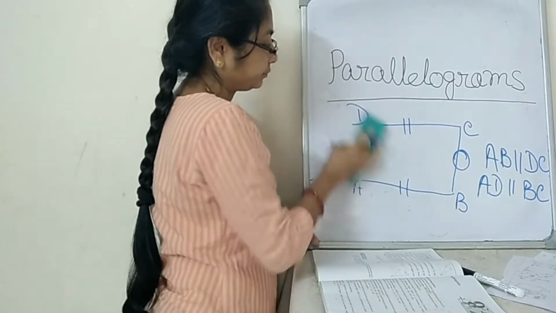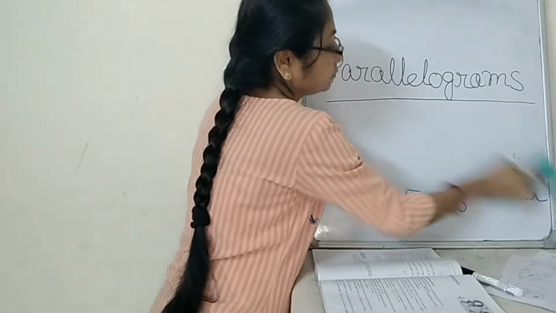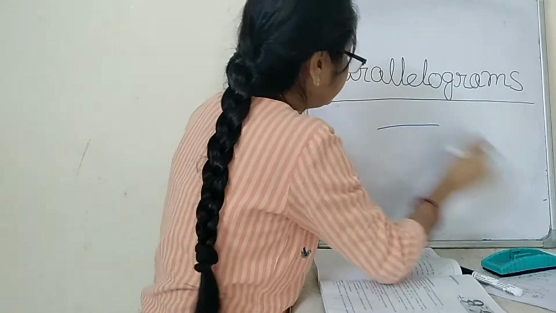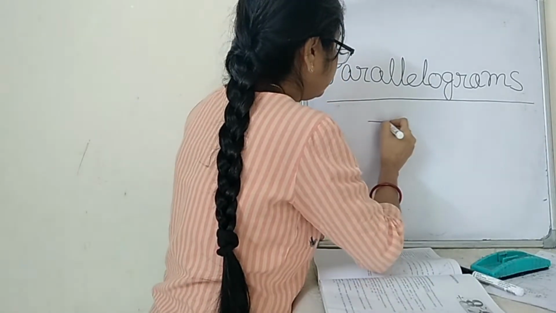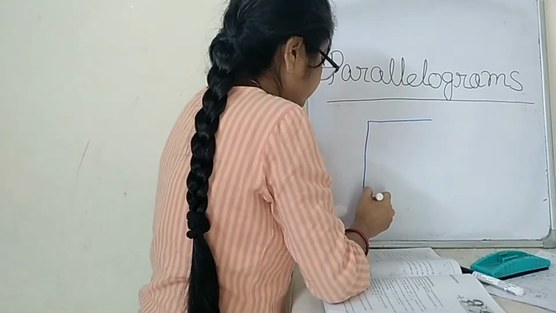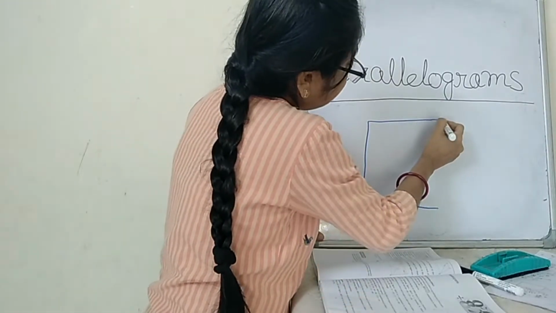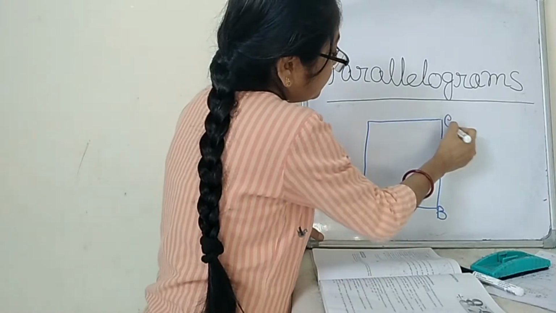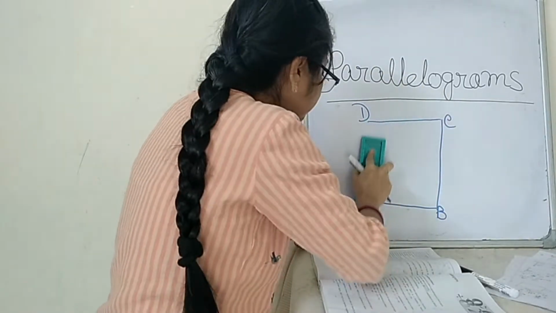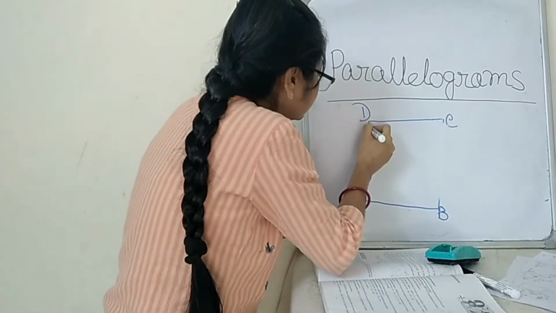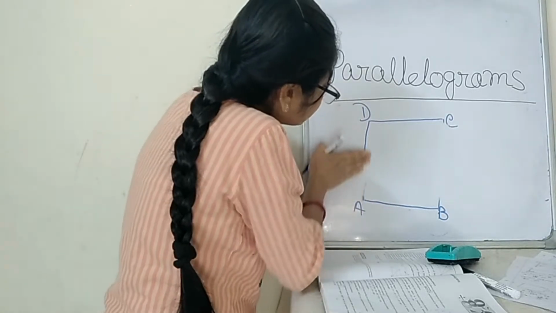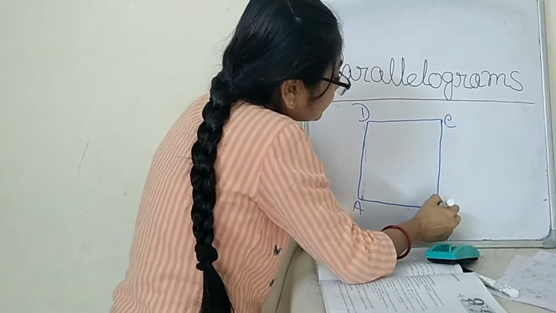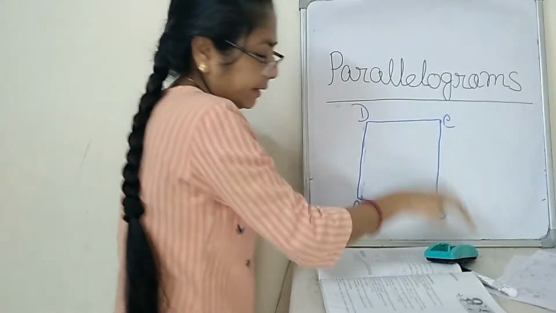I rub it. Now I start the rhombus. ABCD is a rhombus.